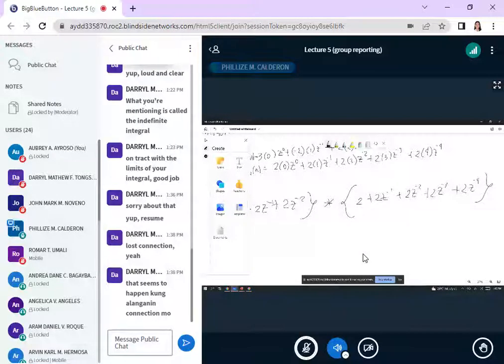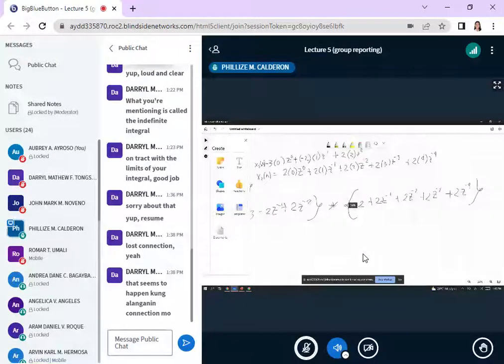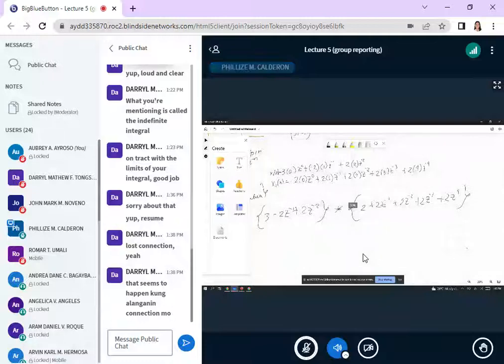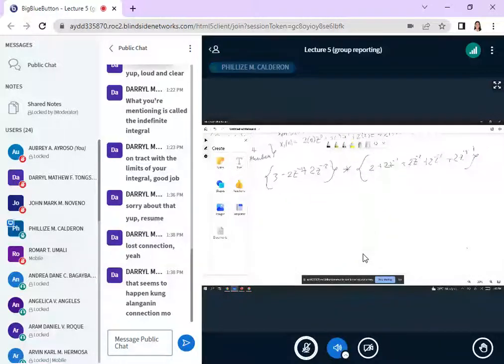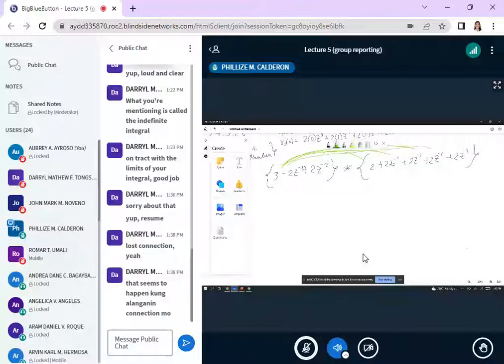Convolute. So, parang tinuro na kanina sa properties. Didistribute natin siya, or 3, sabihin natin. So, 3 times 2, 3 times 2z raised to negative 1, yan lang siya. Susulat natin.